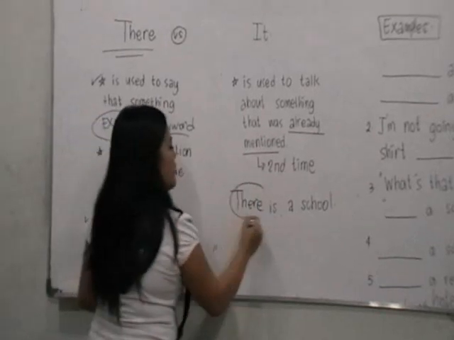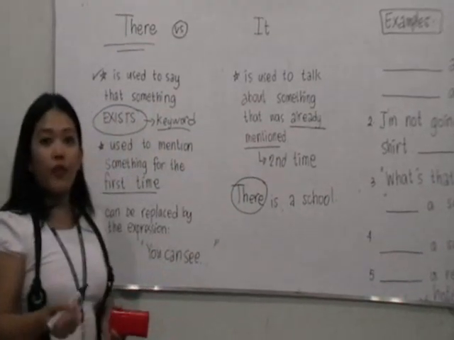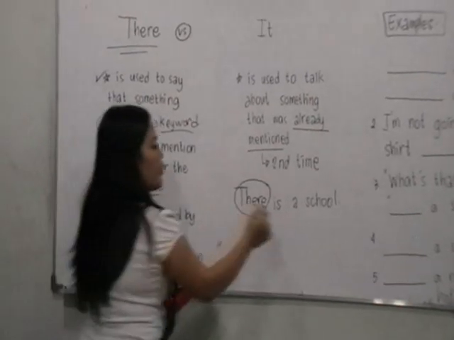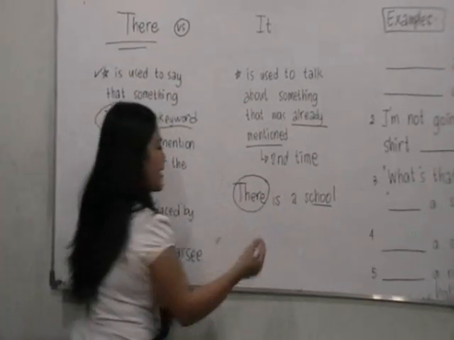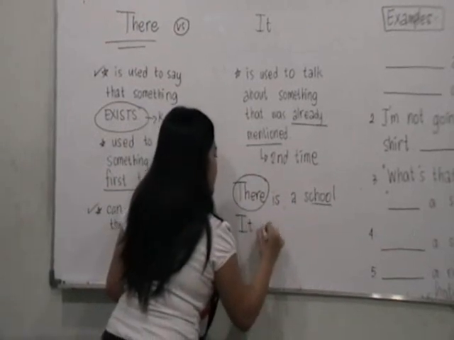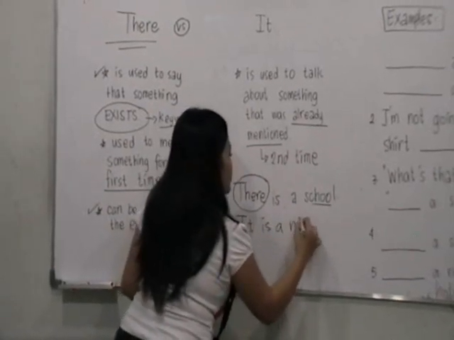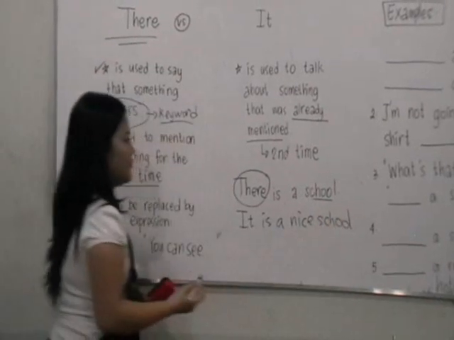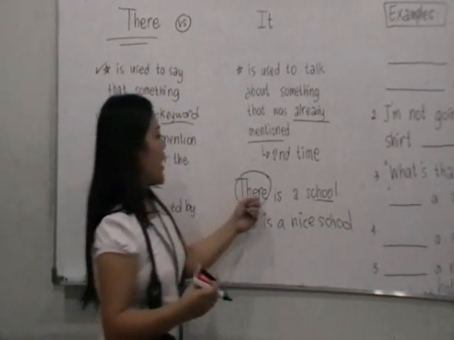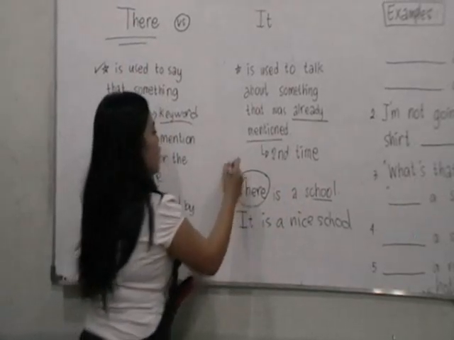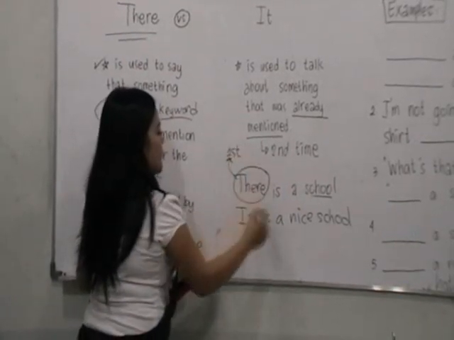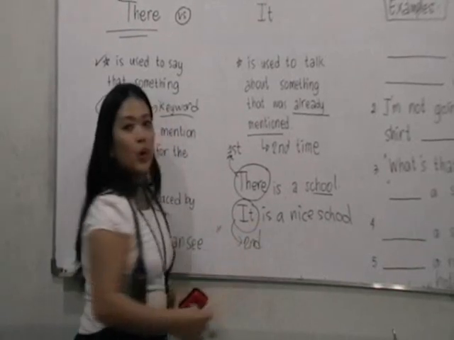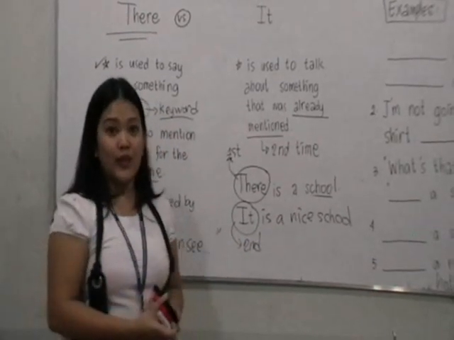Here, we talked about the school for the first time. The second time, I will talk about the same school, I can use it. It is a nice school. You get that? So again, there is a school. This is the first time. It is a nice school is the second time we talk about the same school.